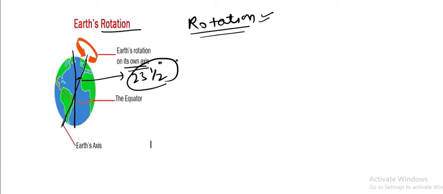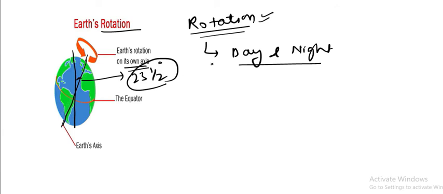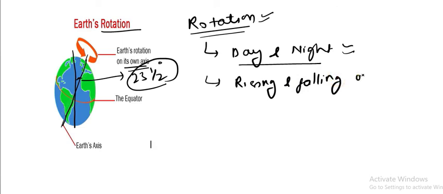And this rotation results in day and night, right? Because of the rotation of the earth, day and night are possible, and the rotation also results in the rising and falling of tides.